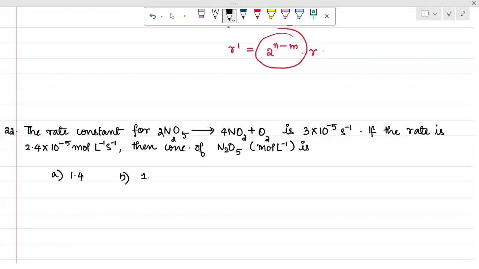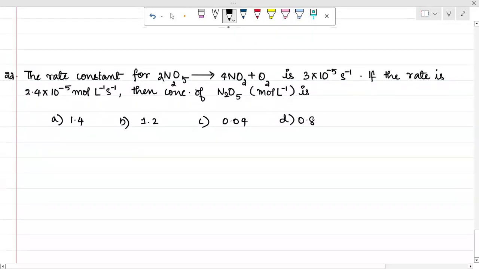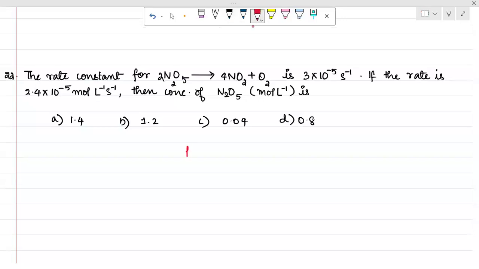again, easy peasy question. So what is given? Rate constant K is given. 3 into 10 to the power minus 5 per second. Rate is also given.